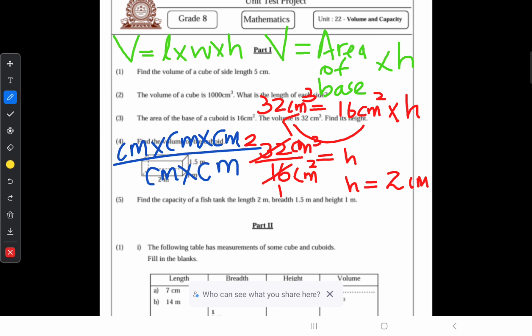When we simplify, this centimeter and this centimeter can be cut off. The remaining is only a centimeter value. That's why I used 2 centimeters. 32 divided by 16 will give you 2, and centimeter cube divided by centimeter square will give you the magnitude as centimeter. It equals 2 centimeters.